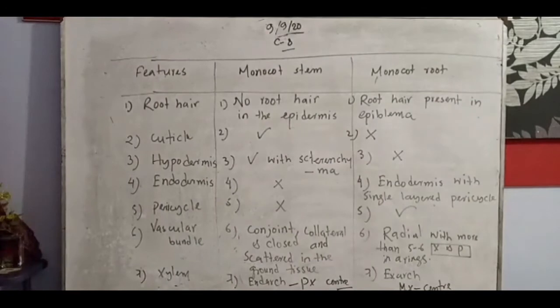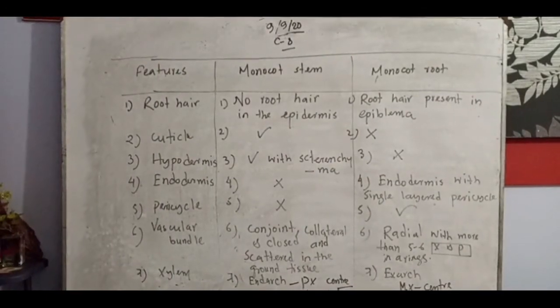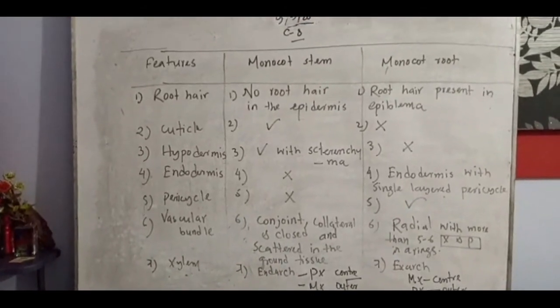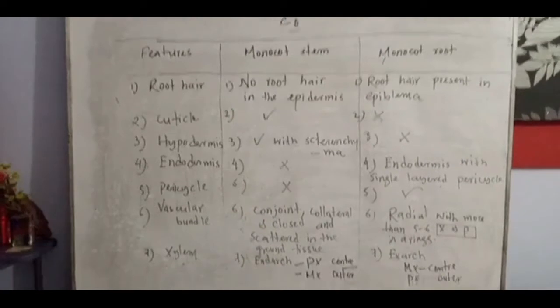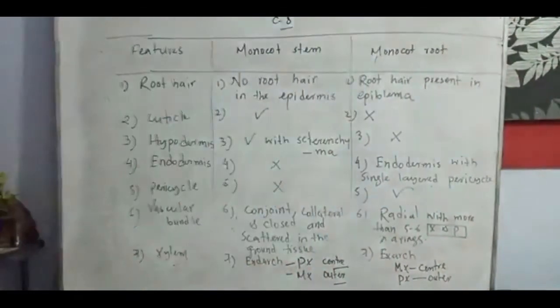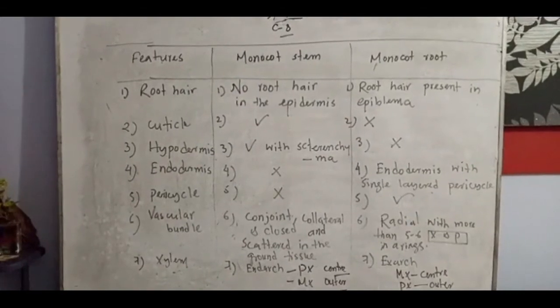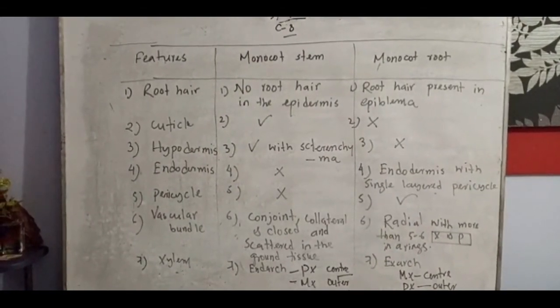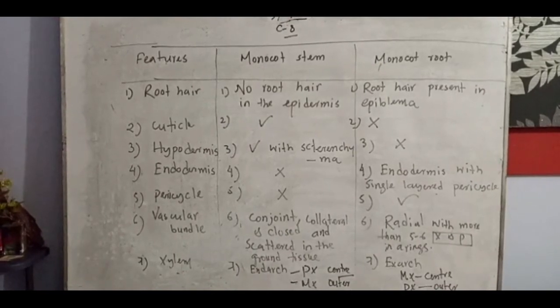That means the xylem types, what we actually understand for endarch and exarch, concern the protoxylem and metaxylem. In endarch and exarch they are not placed in a similar position.